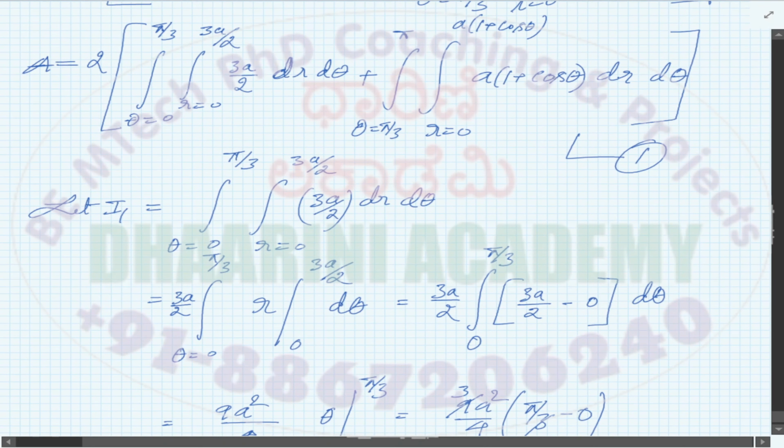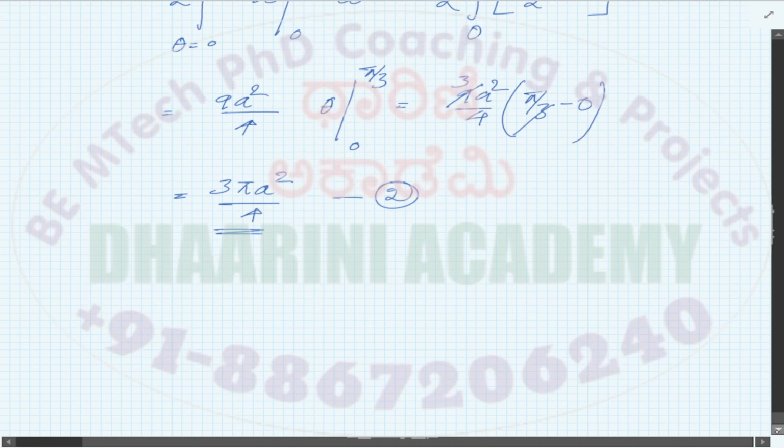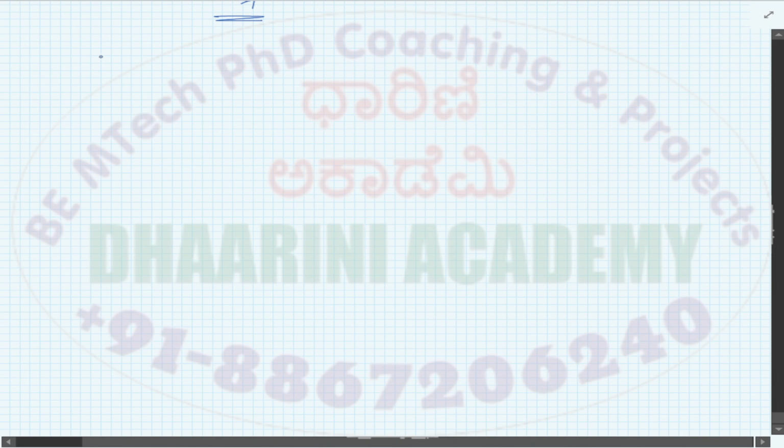Now I'll write the next equation. That equation comes from the second half, that is theta is pi by 3 to pi and r is 0 to a into 1 plus cos theta. The second term I'm going to write. Let I2 be equal to the integral where theta varies from pi by 3 till pi, and r varies from 0 to a into 1 plus cos theta.